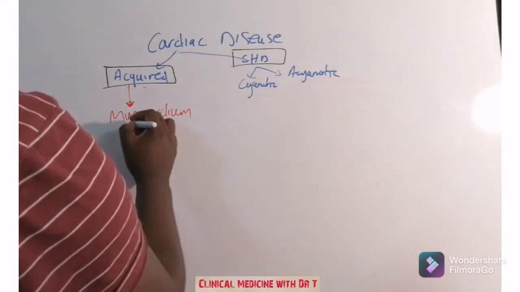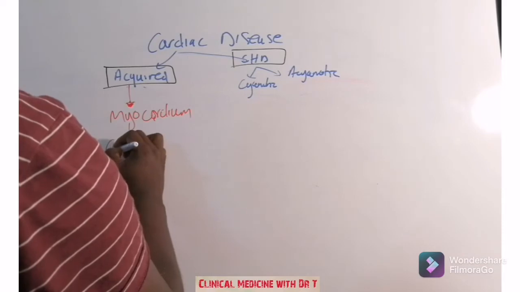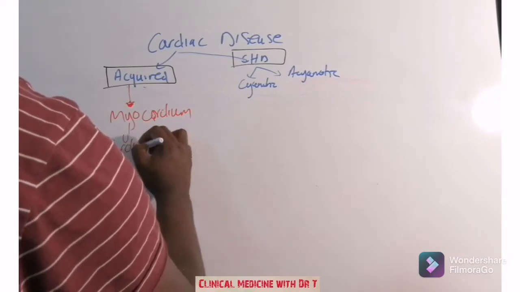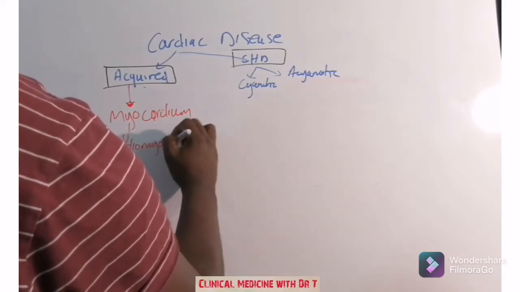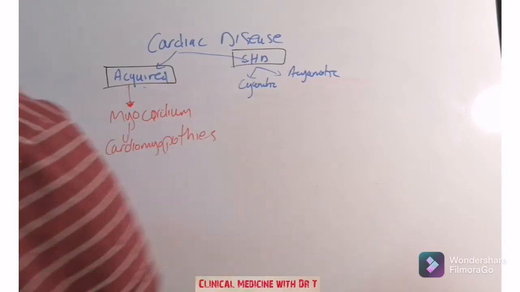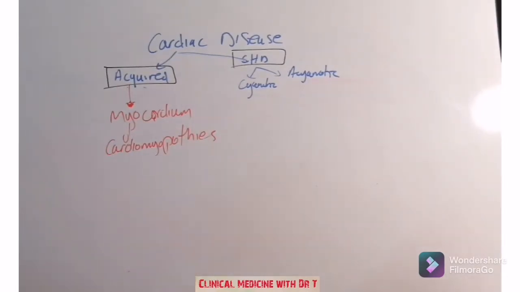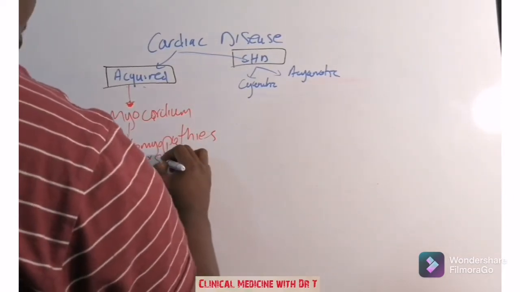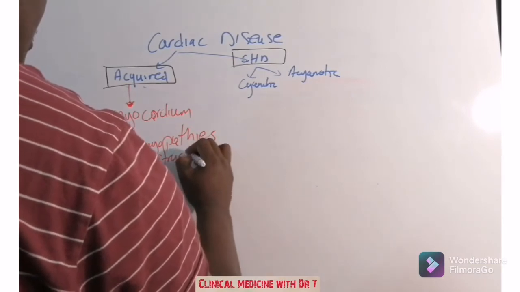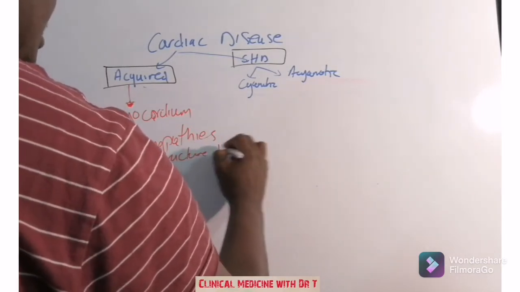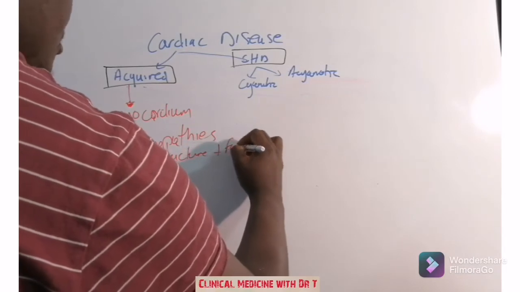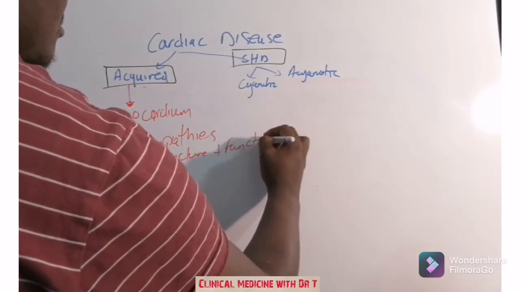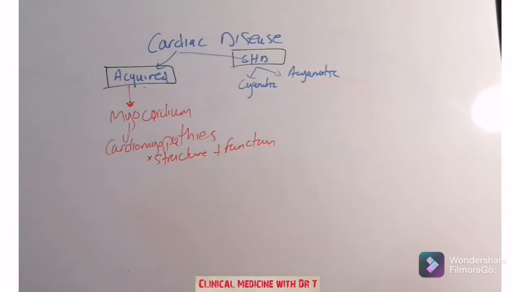So these diseases are called cardiomyopathies. And cardiomyopathies, they affect both the structure and the function of the ventricles, right?